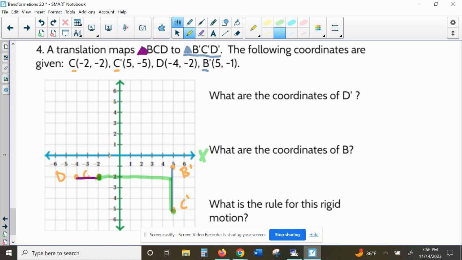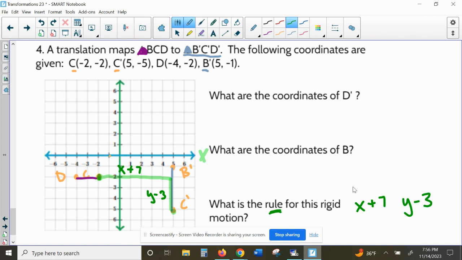So to move my C, I went +7 on my x-axis and I went down 3 on my y-axis, right? So to get from my C to C prime, it's going to do the exact same movement for every single one. So my rule is going to be x plus 7, and I'm going to put this over here so I remember, and y minus 3 for every single one of my points.